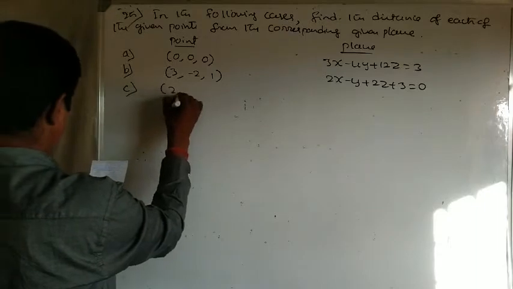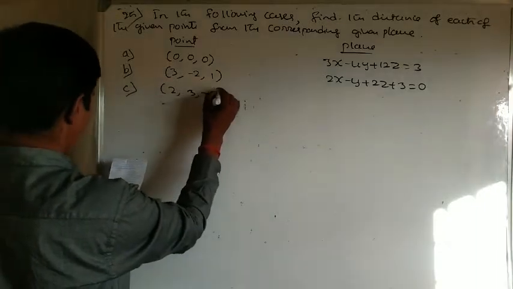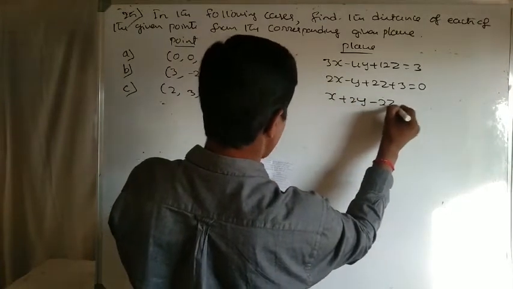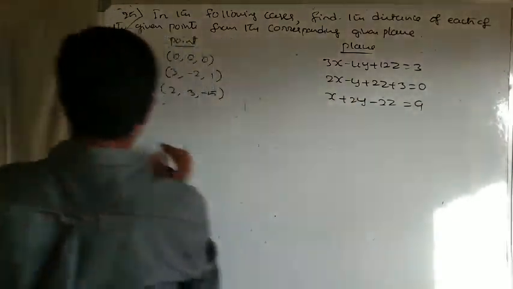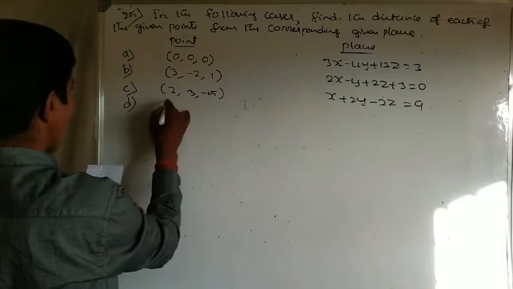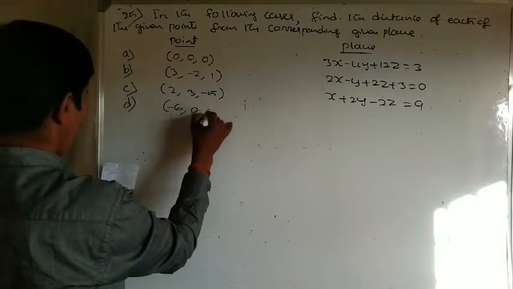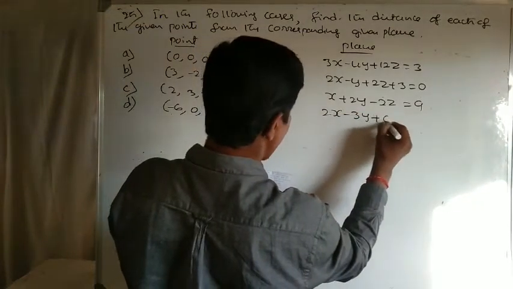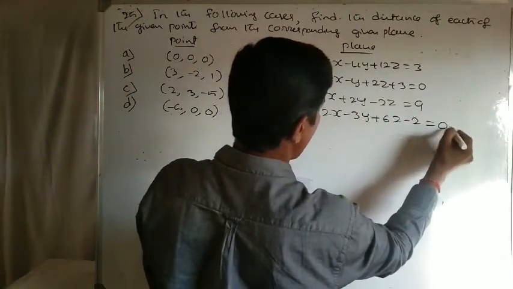Problem C: the point (2, 3, -5), plane x plus 2y minus 2z is equal to 9. Problem D: the point (-6, 0, 0), plane 2x minus 3y plus 6z minus 2 is equal to 0.